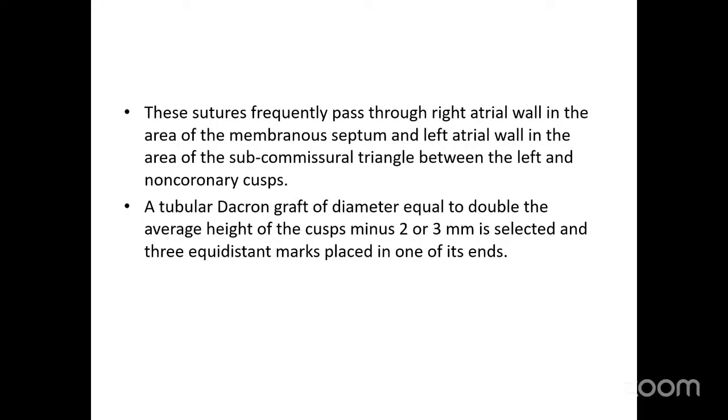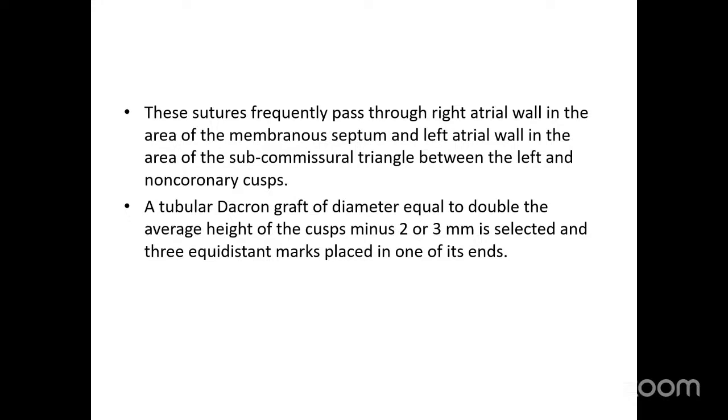These sutures frequently pass through the right atrial wall in the area of the membranous septum and left atrial wall in the area of the subcommissural triangle between the left and non-coronary cusp.